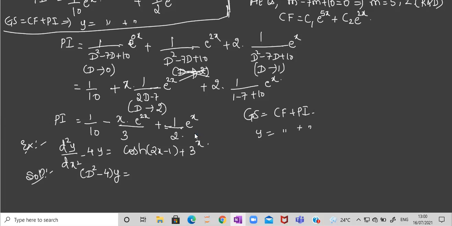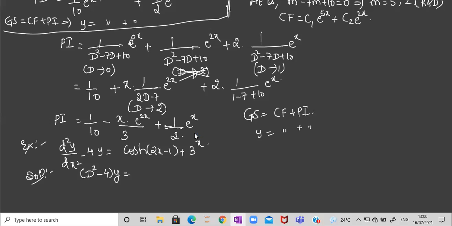Yes, ma'am. Now, how to write cos hyperbolic 2x minus 1? Think about it. Ma'am, in place of x, we have to substitute 2x minus 1. Very good.